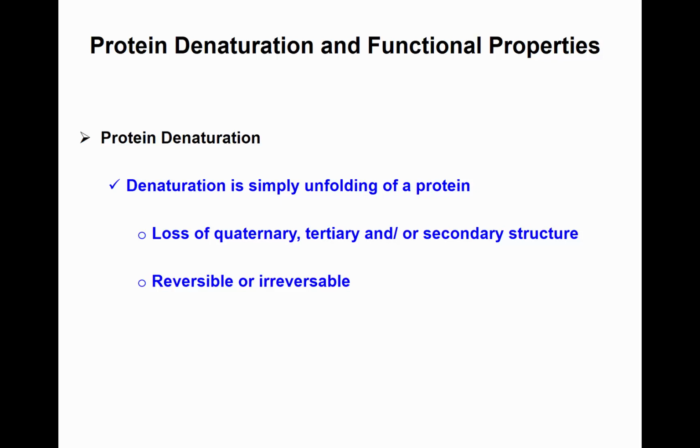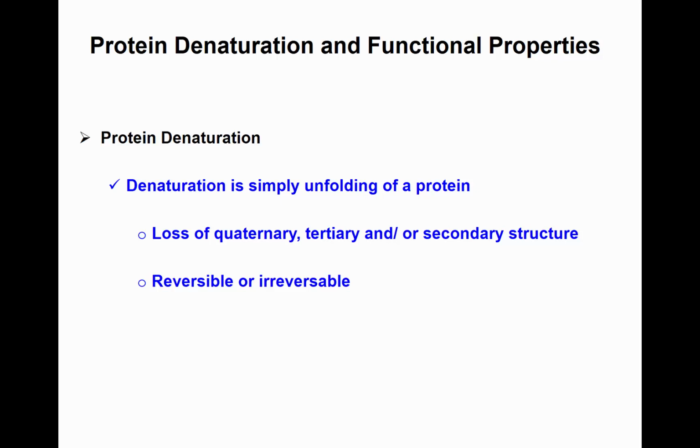So denaturation could start with loss of quaternary structure, if there is a quaternary structure, and then it could be loss of tertiary structure or change in the tertiary structure. Sometimes denaturation can also cause a change not only in the tertiary but in the secondary structure. And sometimes if there's hydrolysis, that would be change in the primary structure.